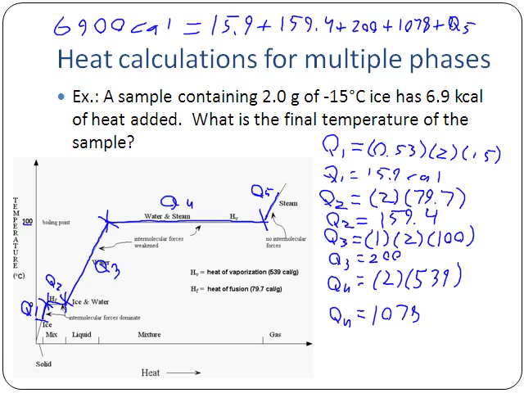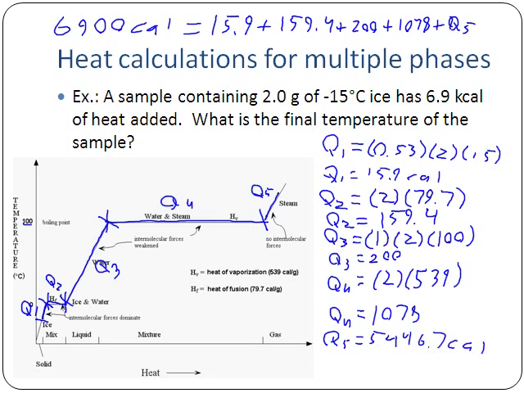So minus 15.9, minus 159.4, then subtract off 200, and then subtract off that last one, 1,078. When we do that, we have 5,446.7 left. So Q5 is equal to 5,446.7 calories.